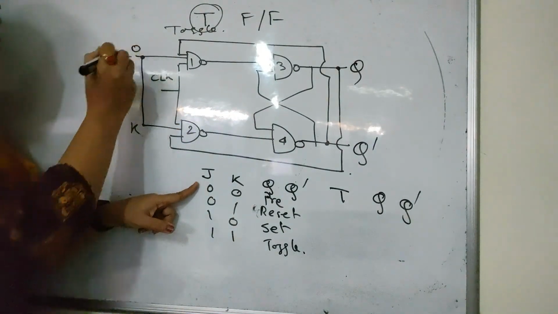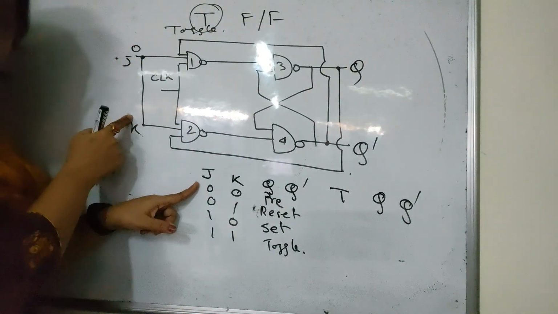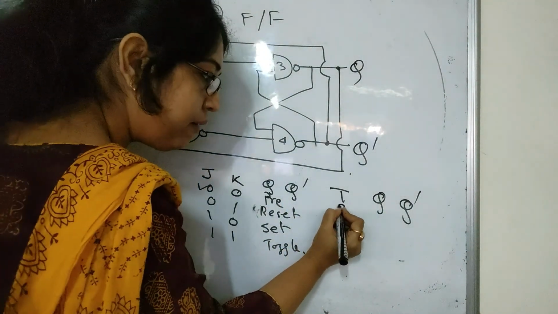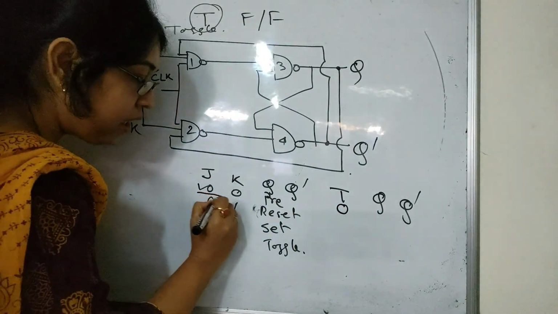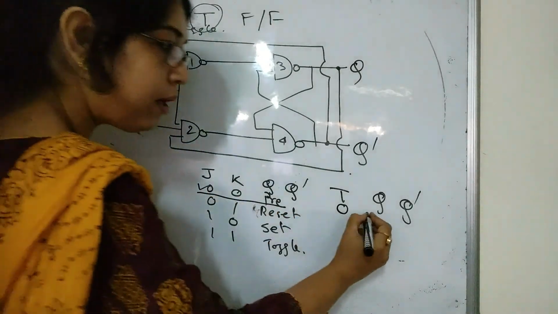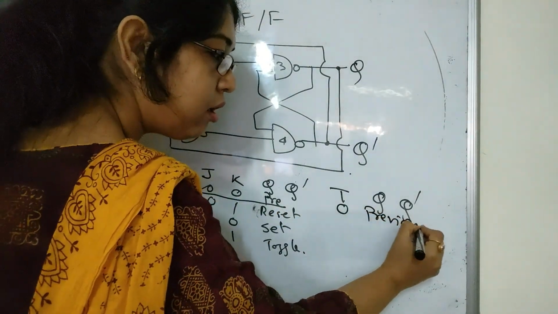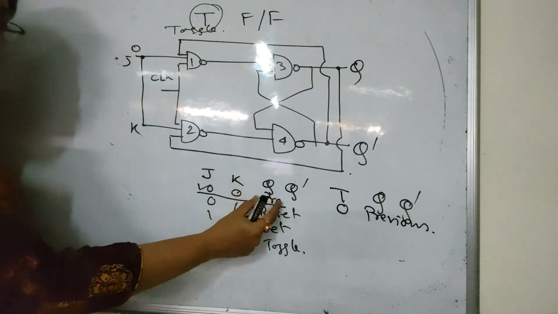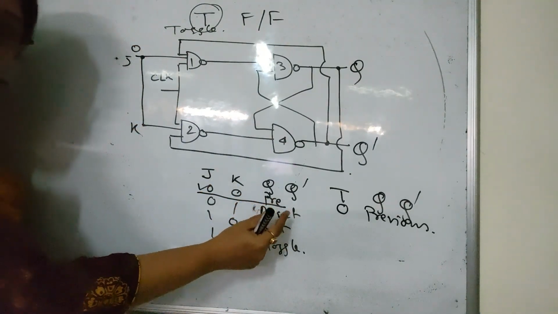If we give a 0 over here, J and K both are becoming 0. So when T is 0, according to the truth table of JK flip-flop, it will remain in its previous state, because both J and K values would be 0 and it would be giving us the previous state, right?